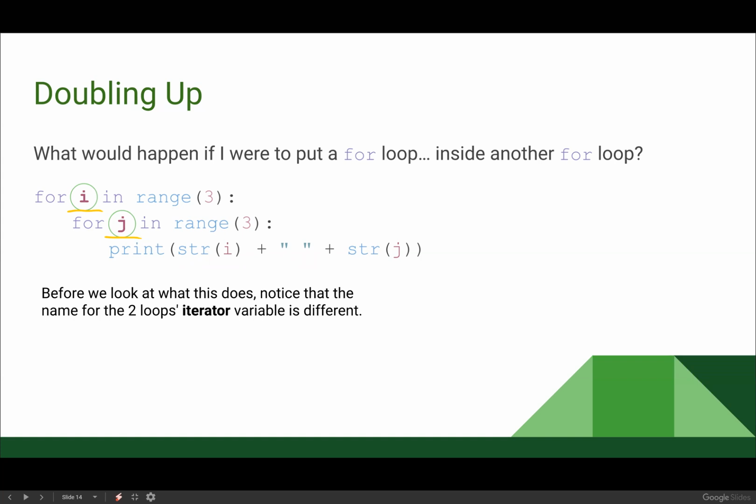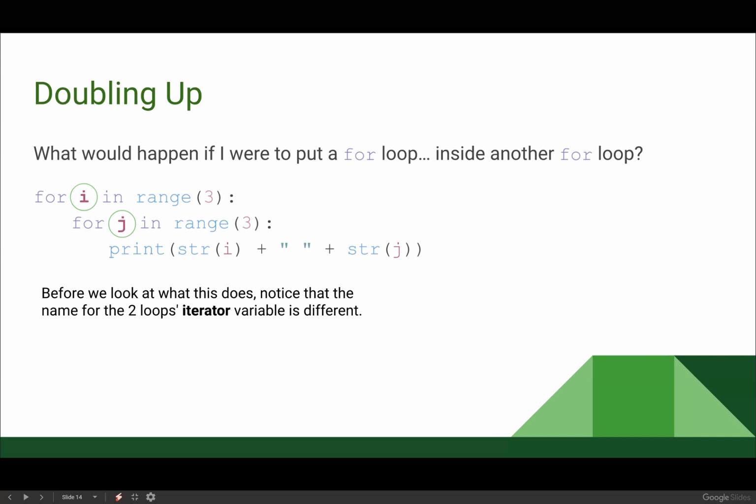This is because if I use the same name in both those spots, if I try to use the name inside of the second for loop, Python is not going to know which one I want to use. It's going to default to using the most recent one. So if we have two loops, one inside the other, we want to make sure that we have two different iterator names. Otherwise, we might run into some issues.